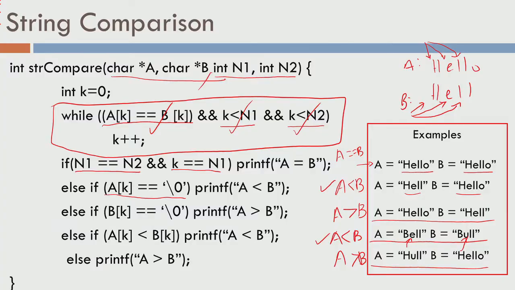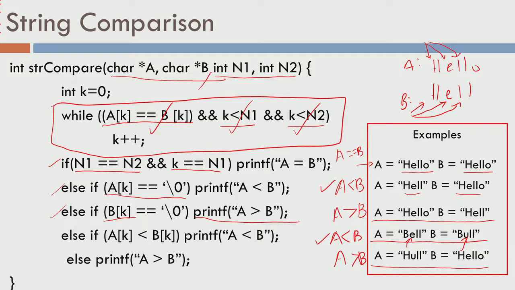In this case, A is less than B. If you ran out of characters in B, and if you still have characters in A, and if the first n2 positions matched, then you print A is greater than B. So we have taken care of three cases where we hit, in some sense, \0. In the first case we hit \0 on both of them at the same time. In the second case we hit it only on A. In the third case we have hit it only on B.